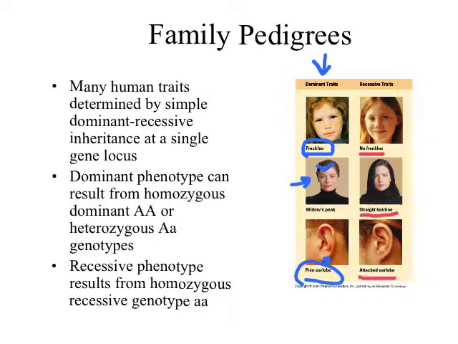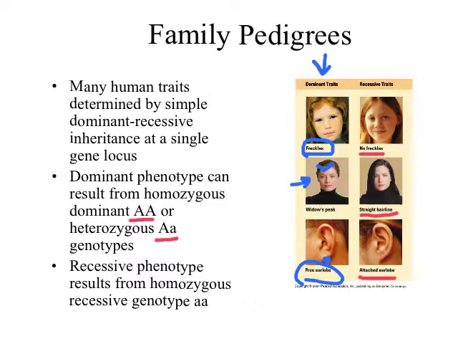So we can say that the dominant phenotypes, remember, can be homozygous dominant, or they can be heterozygous dominant, right? Because we can't see the recessive if it's dominant versus recessive.